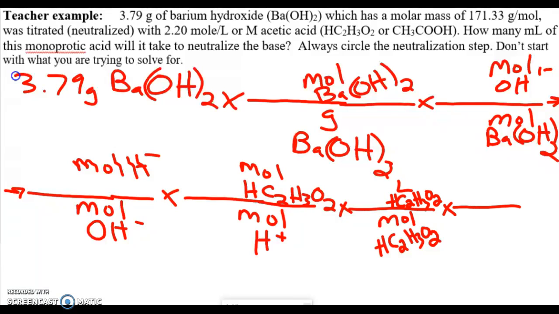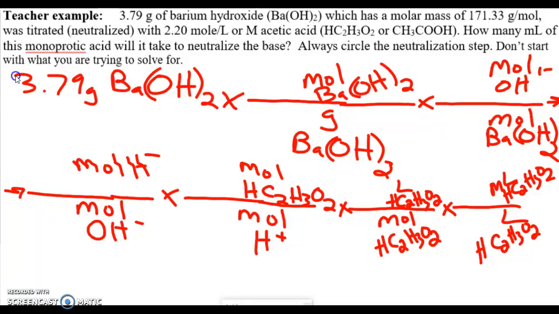One more step. Liters of acetic acid, HC2H3O2, to milliliters of HC2H3O2. There we are. Now we got to put some numbers in.